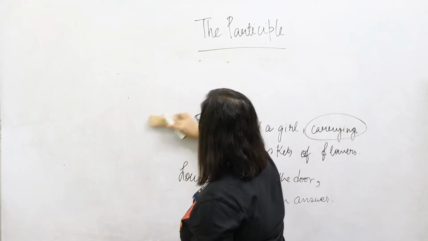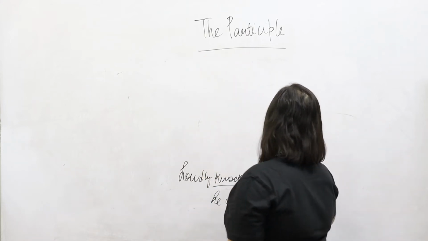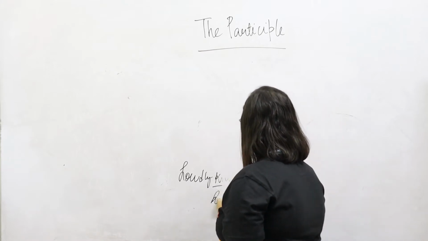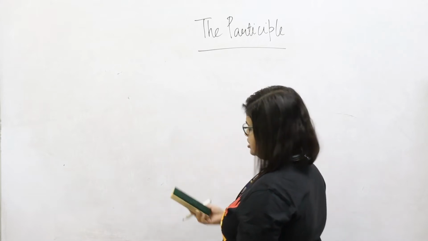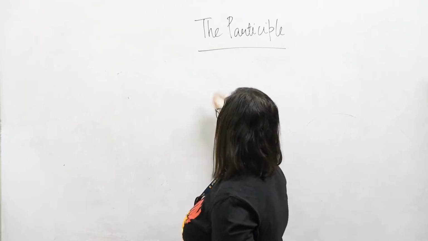So what are past participles? As you can see, the quality of the verb as well as the adjective remains, but as I had said, the ing is for the present participle, but in the past participle we would not be needing an ing form, but we would be using the past form of the verb.